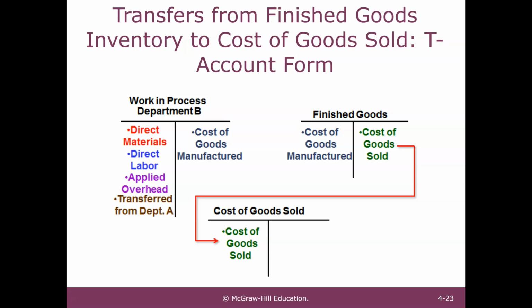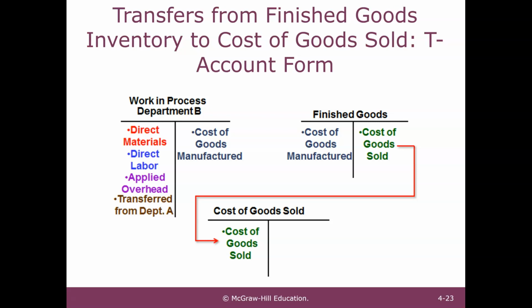When the items are sold, we will take them from finished goods into cost of goods sold to recognize the cost. Because what's sitting in cost of goods manufactured right now is the cost of the direct materials, the cost of the direct labor, and the applied overhead. All of the costs are sitting in finished goods inventory, which is an asset.